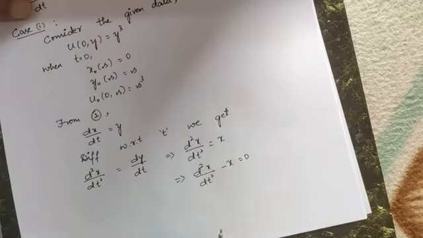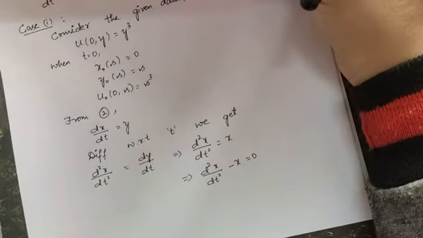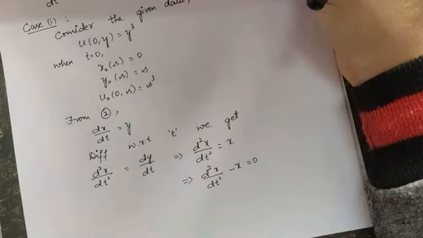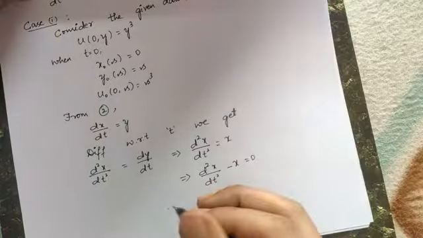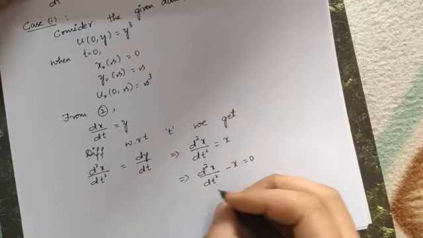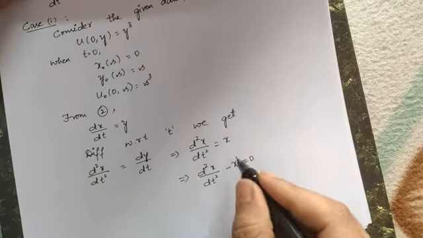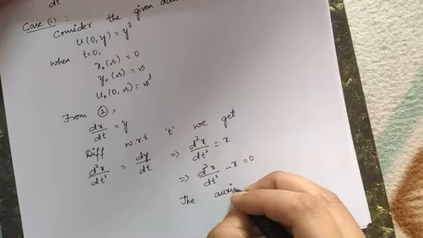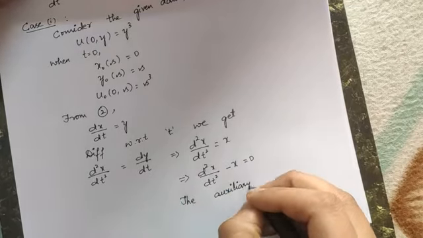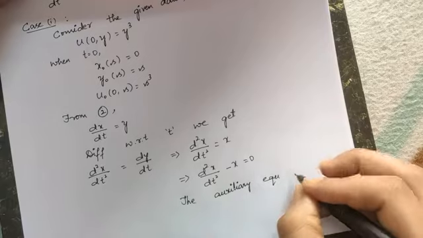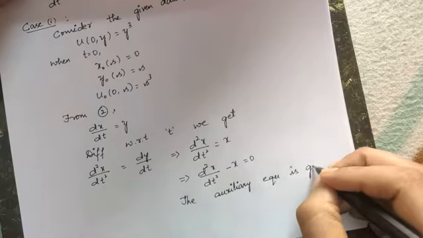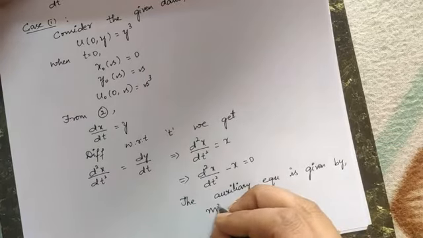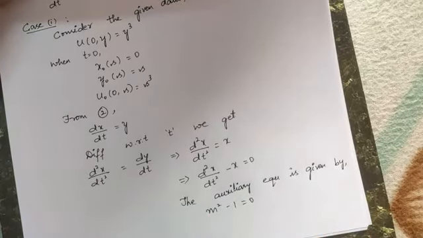So now you can solve this equation by finding the auxiliary roots, right? If I want to write the auxiliary equation for this, the auxiliary equation is given by m square minus 1 is equal to 0.